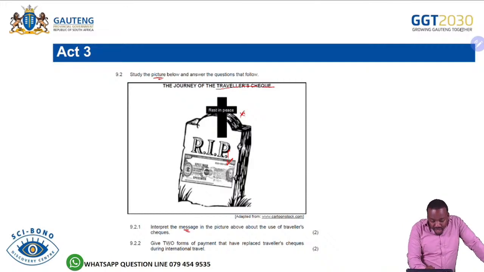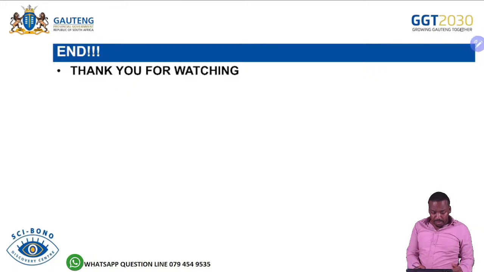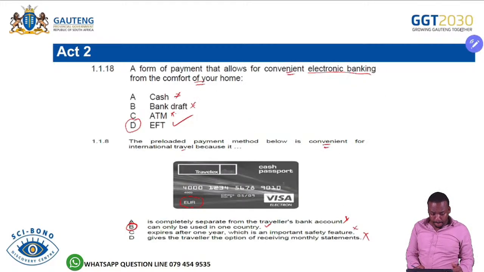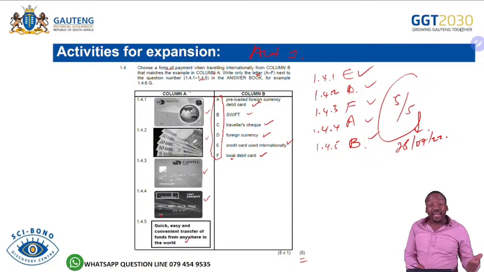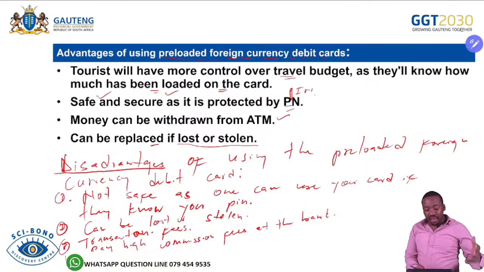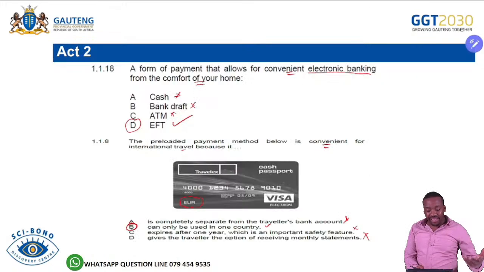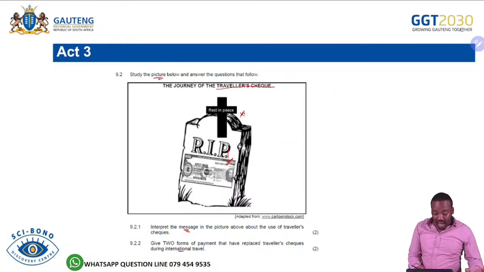Then they say, give 2 forms of payment that have replaced traveler's check during international travel. Obviously here, we're going to talk about a bank draft or any other forms of payment that we can accept.